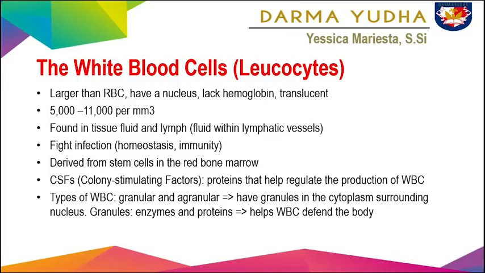The granular ones have granules in the cytoplasm surrounding the nucleus, while the agranular ones don't have granules in their cytoplasm. The granules contain enzymes and proteins, which help the white blood cells defend your body.